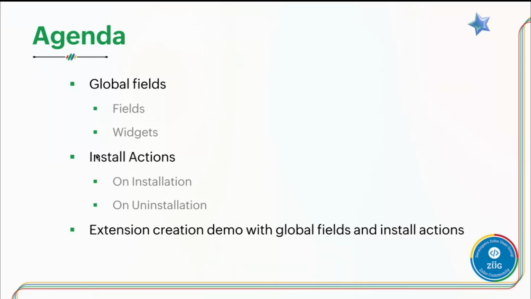Next, we'll see install actions, which help us in creating customizations to occur on installation or uninstallation of an extension. Finally, we'll show you a use case and build an extension to achieve that particular use case along with the global fields and install actions. Let's get into each topic one after the other.